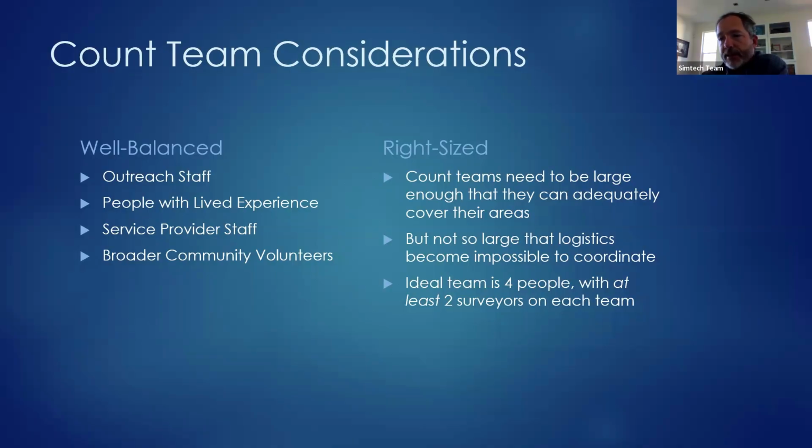So it could be a major interstate, it could be a river, a mountain range, etc., where it's unlikely they're going to go across the highway. It's unlikely they're going to go across the mountain or over the river. And that way you can compartmentalize your count, if you need to.